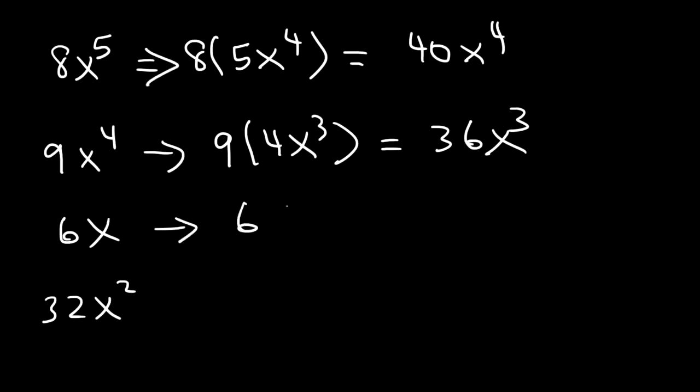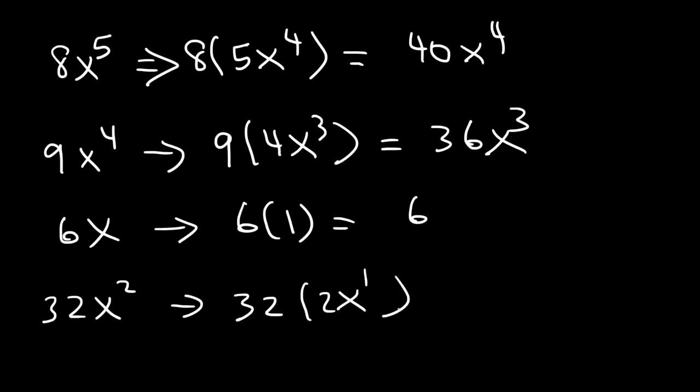The derivative of x is 1, so the derivative of 6x is 6. The derivative of x squared is 2x, or 2x to the first power. And so the derivative of 32x squared is going to be 32 times 2x, which is 64x. And that's a simple way of finding the derivative of monomials.